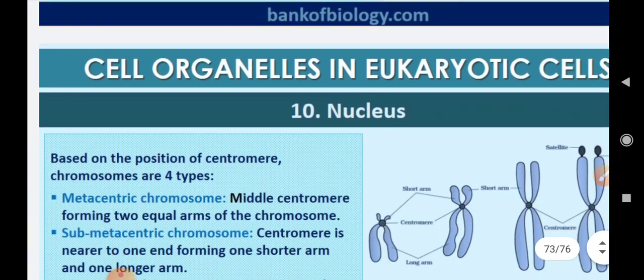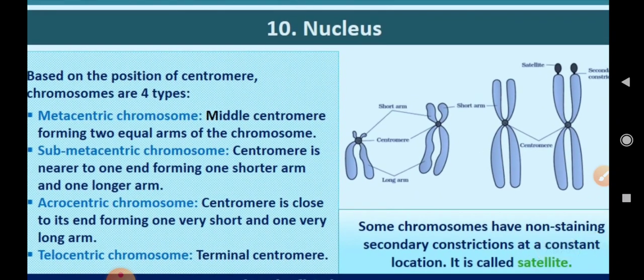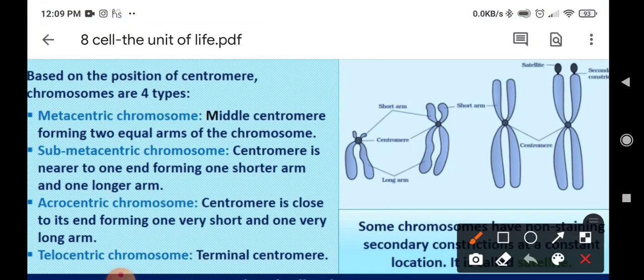Sister chromatids. Now, on the basis of the position of the centromere, chromosomes can be of different types. They can be metacentric, submetacentric, acrocentric and telocentric. If the centromere is present in the center, it is known as a metacentric chromosome, having two equal arms.